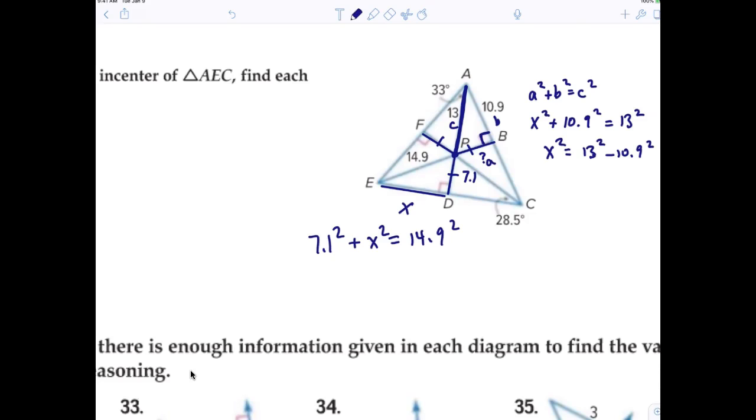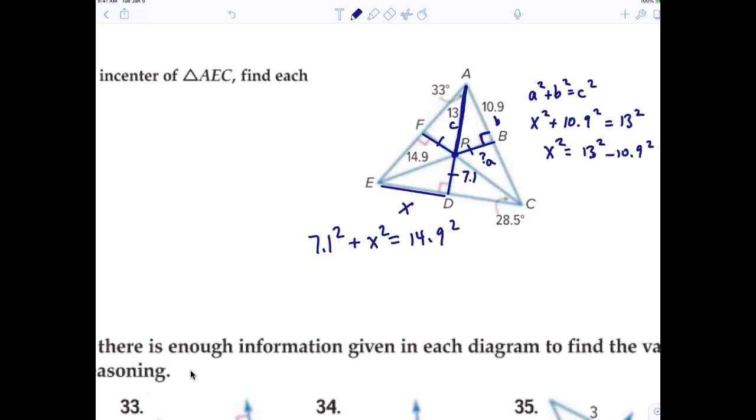I got 171.6. Okay, so now square root of that.